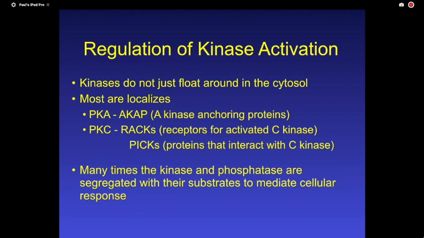But remember I said that most of the time our regulatory events are joined together physically as well as in a stepwise process. Scaffolding proteins keep the protein kinase and the target together. In the case of PKAs, these scaffolding proteins are called AKAPs, the A kinase anchoring proteins.